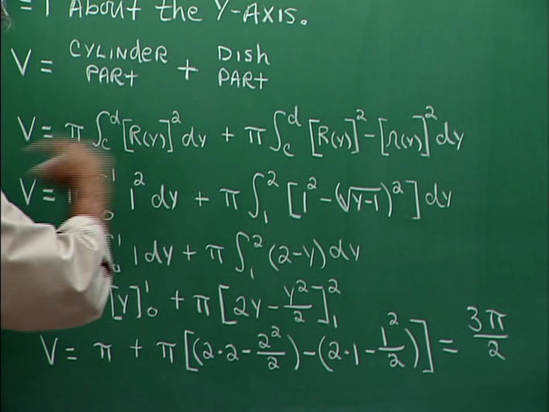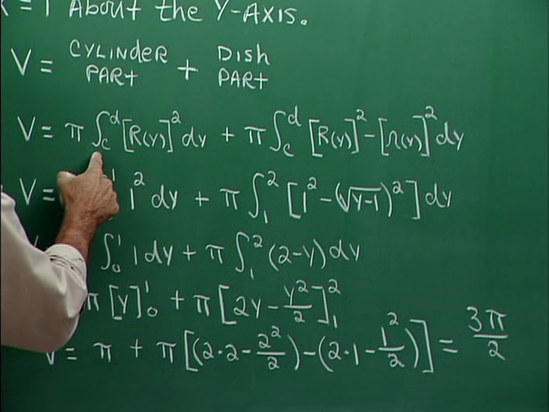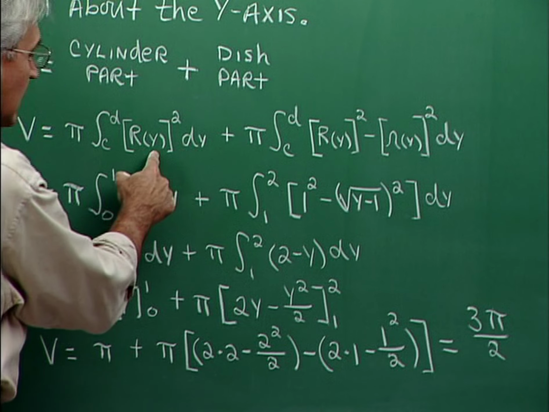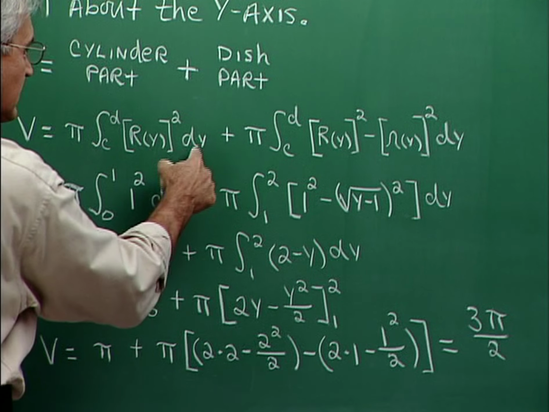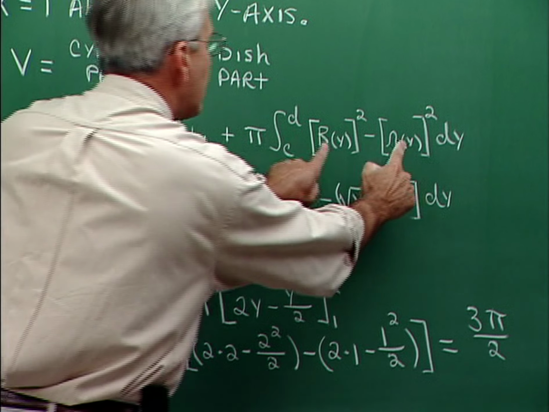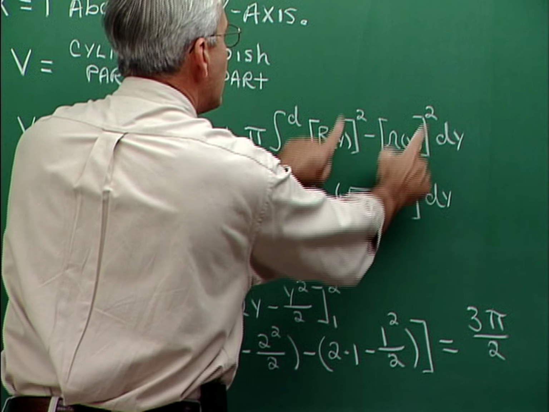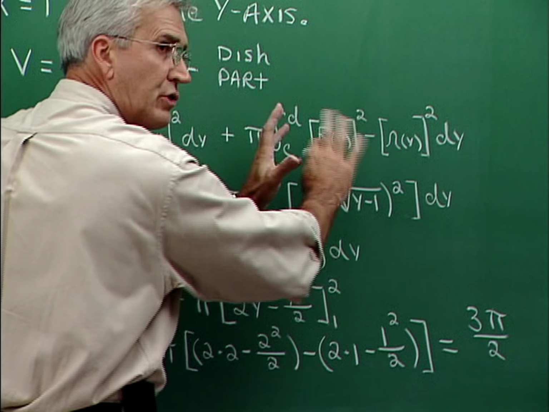We used a to b before on the x-axis, so we'll use c to d here. And it's a radius in terms of y squared, dy, and then over here it's a difference in radius units. You see, a difference in radius value squared to give us that washer effect.